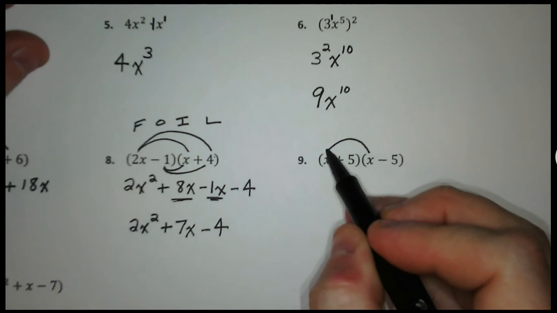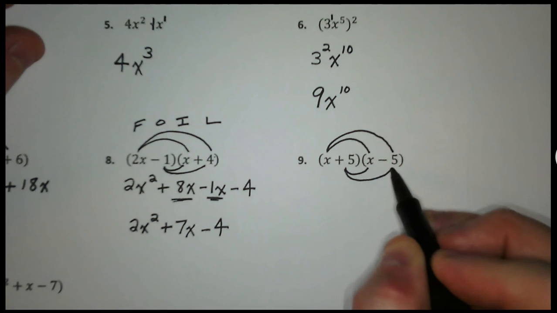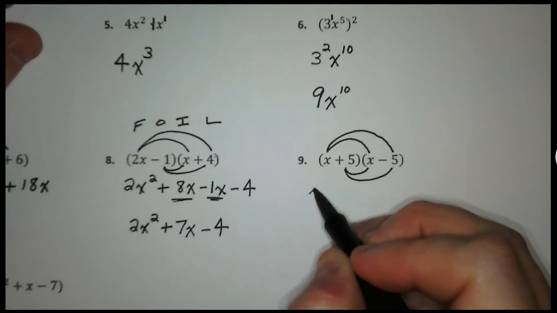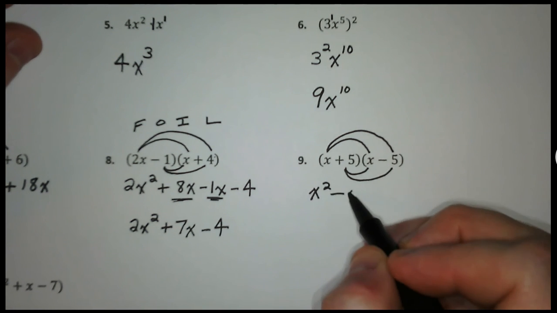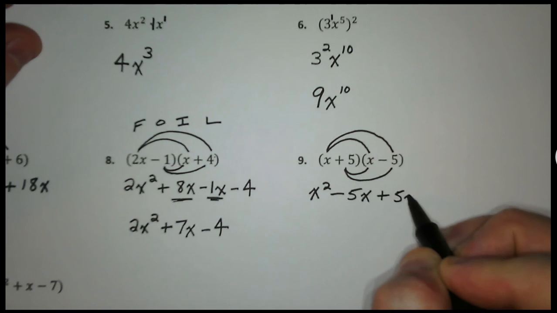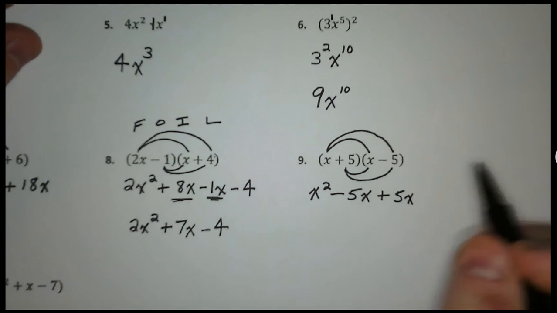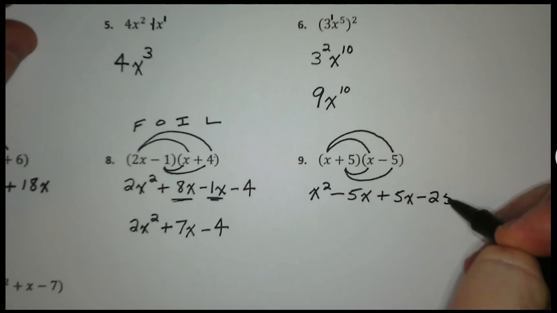Firsts, outers, inners, lasts. So firsts, x times x, x squared, minus 5x, but then the inners plus 5x, and then the last, what's 5 times -5? That's -25.